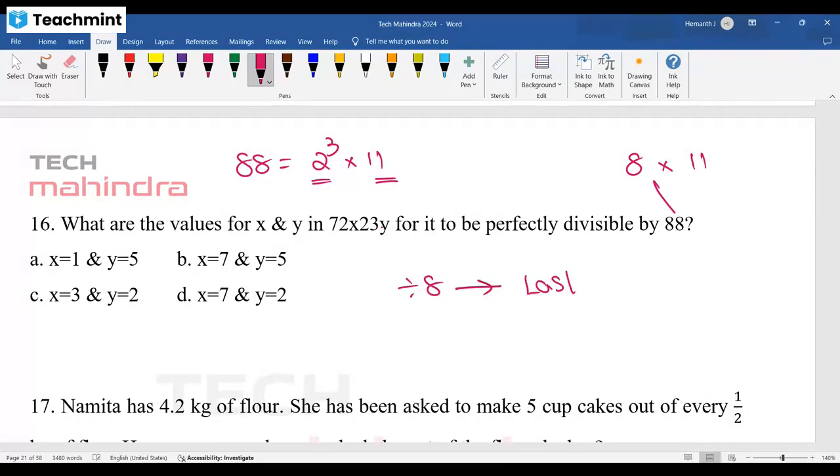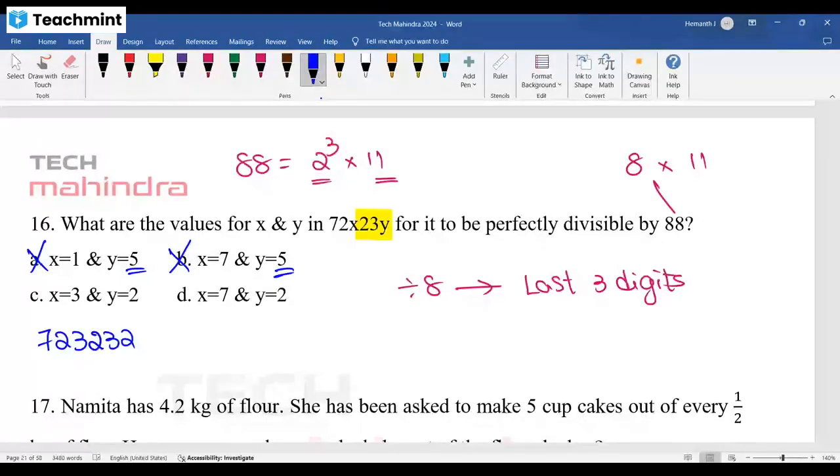You need to check the last 3 digits. Here the last 3 digits are this, 2, 3. And if you want to divide by 8, 5 is wrong. So now I have to verify this. It can be 70723232, or it can be 727232.